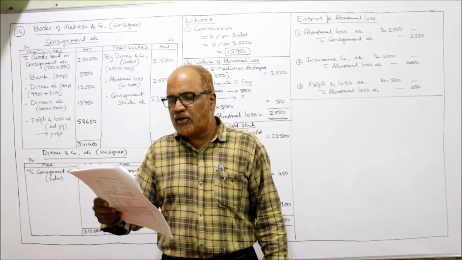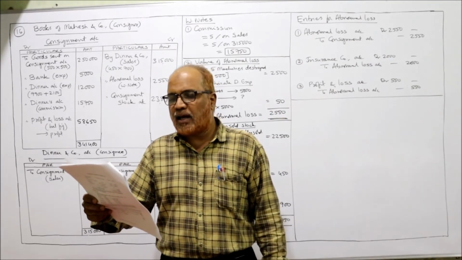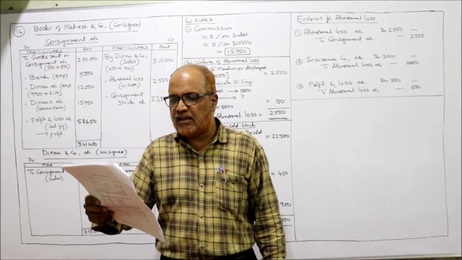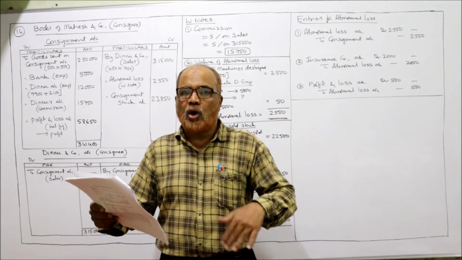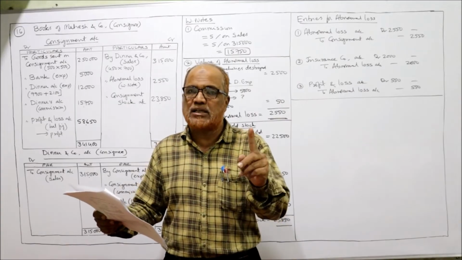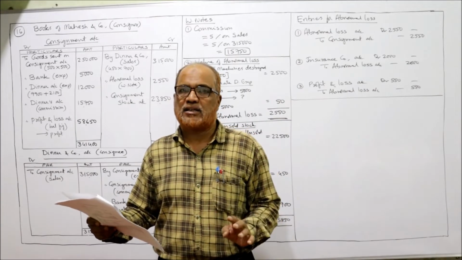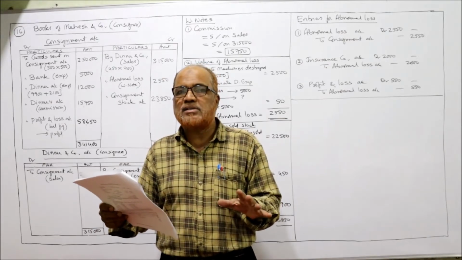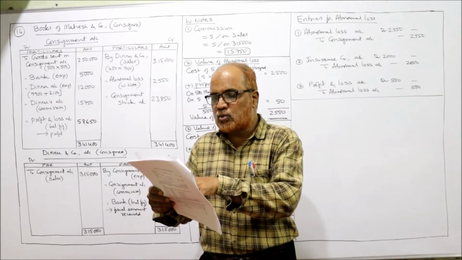Now Dinnu and Company took delivery of the remaining sewing machines and incurred non-recurring expenses of 9,900 and recurring expenses of 2,100. Non-recurring means direct expenses and recurring expenses means indirect expenses. The total expenses incurred by the consignee is 9,900 plus 2,100.